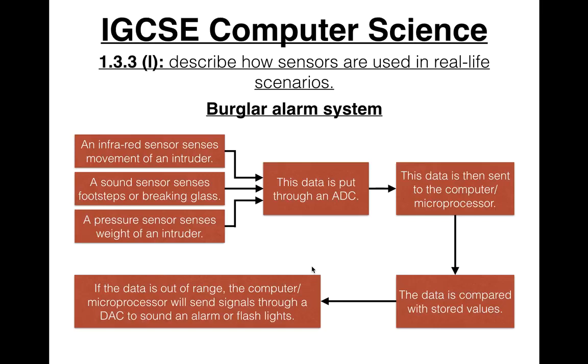So that's pretty much how we have to structure our answers for a question that they give us in an exam. I think that you get 1 mark for stating ADC or DAC. You get 1 mark for including the sensors, the microprocessor. So that's 3 marks. Comparing is another mark.